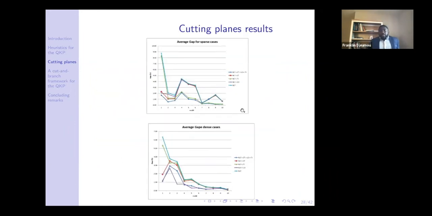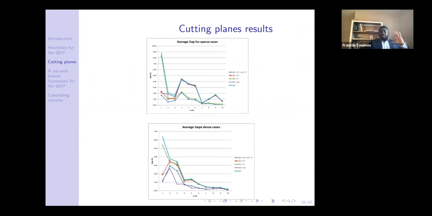So I will leave the details for if you need some discussions later on. Now, we ran some experiments with our cutting planes. So in the first subgraph that we have here, we are considering the old ways of generating quadratic knapsack problem instances. I should mention that these cutting planes were developed before 2016 when the hard QKP instances were published.